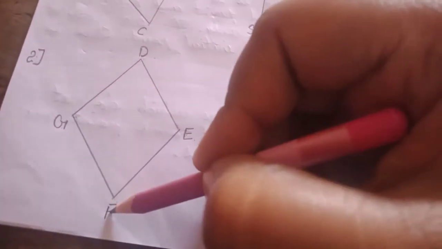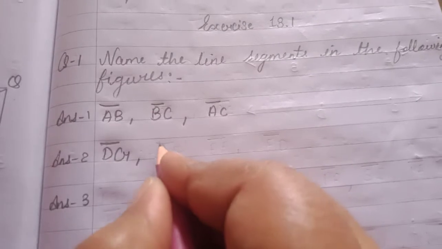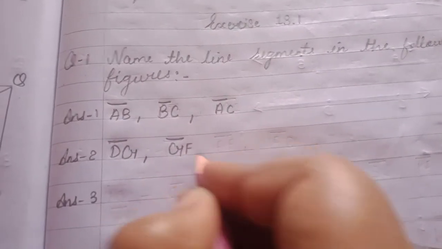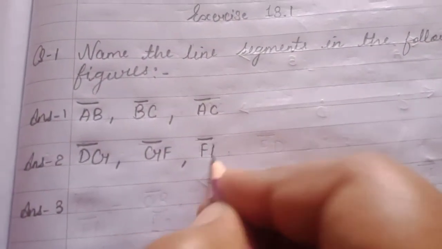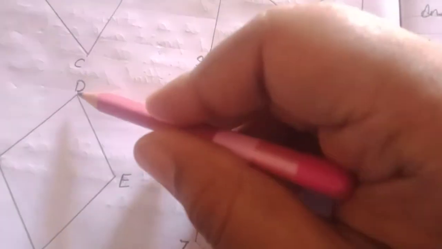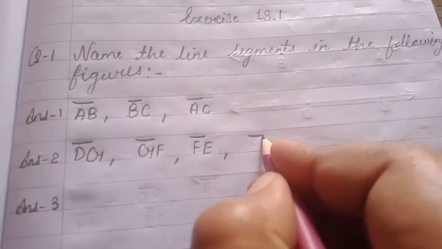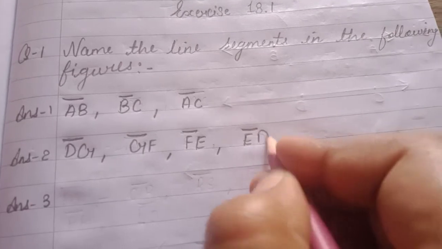Then down GF. Then FE. Then last one, that is ED. So these are the line segments.